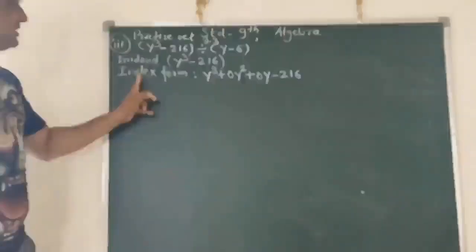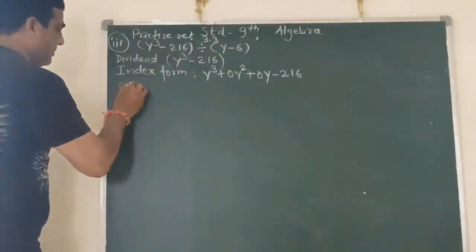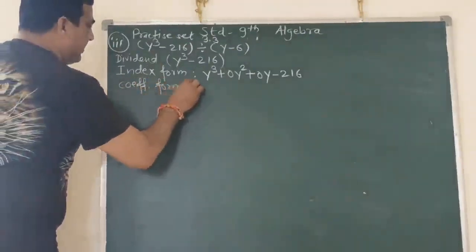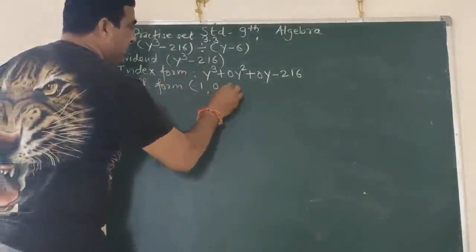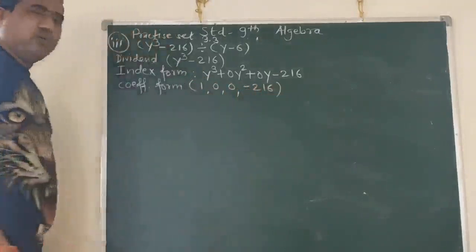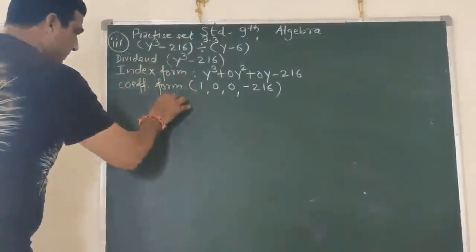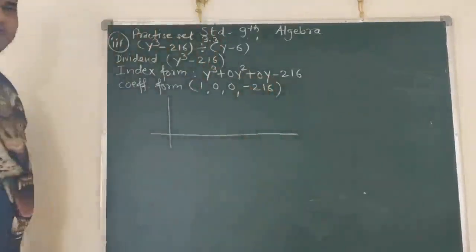And now convert this dividend into coefficient form: 1, then 0, then 0, and then minus 216. After converting this, arrange a box.